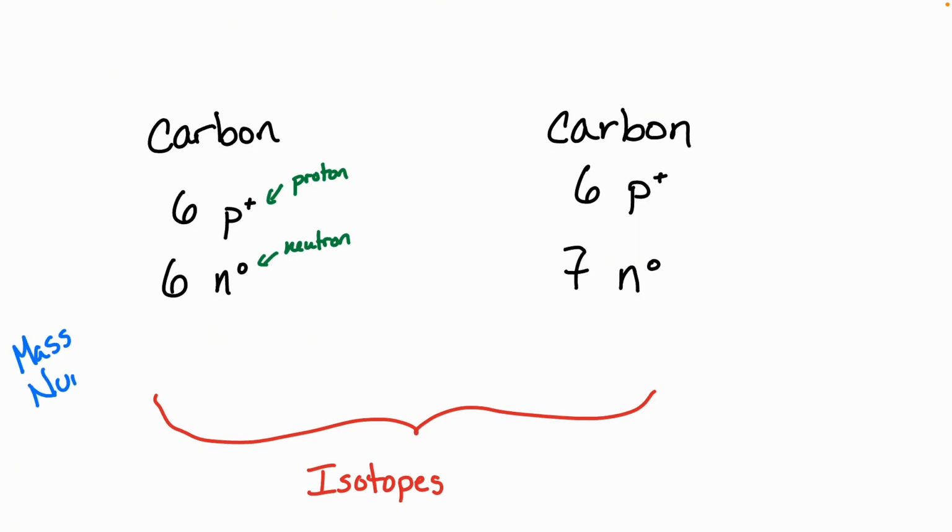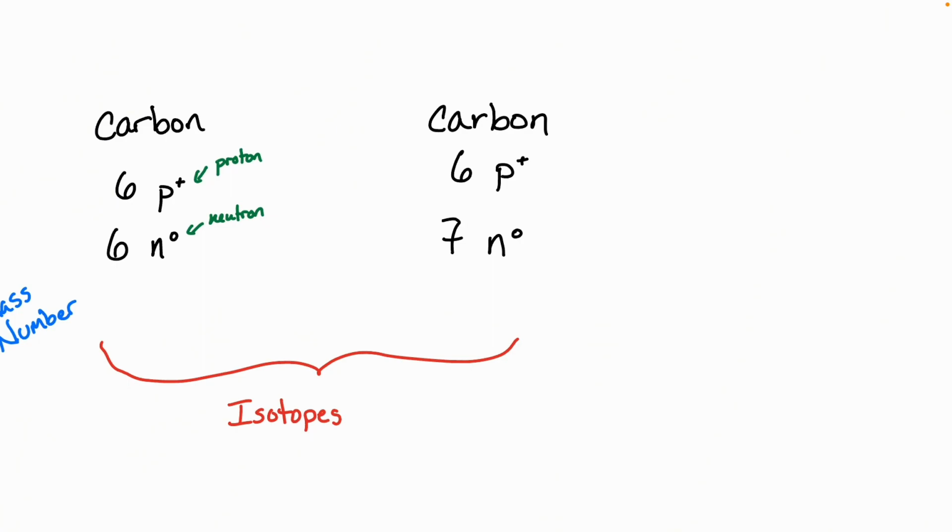Your mass number is defined as the number of protons plus the number of neutrons. Remember, virtually all of the mass of that atom lives in the nucleus with those protons and their neutrons. So the number of protons plus neutrons we call the mass number of that isotope.